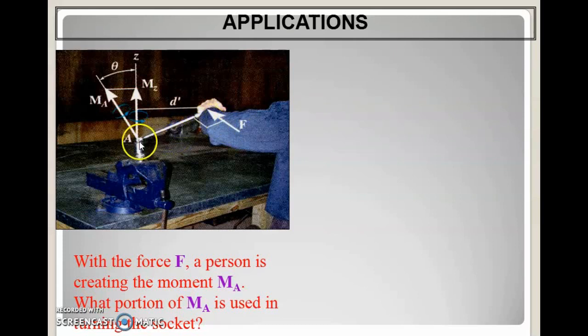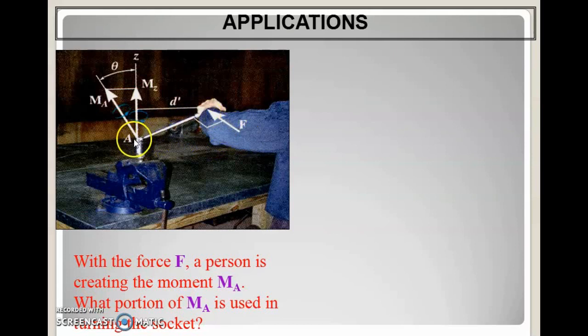This line of action is a bit slanted from the axis of X or Y. So it is in a slope condition, about a few degrees away from the axis, and then you have force here.